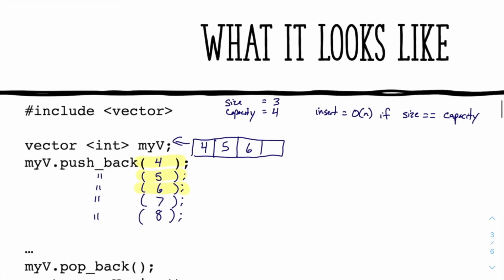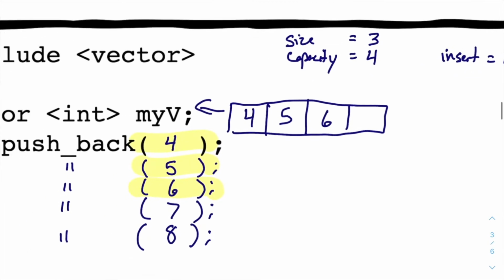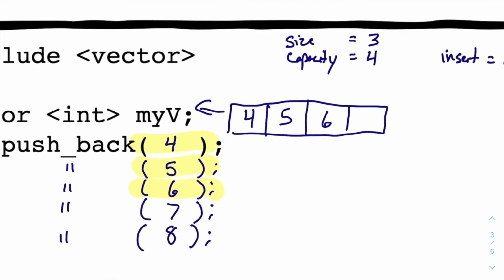Otherwise, it's an O of 1 insert. So for this next insert, I can insert the 7 utilizing the pushback because there's an available position. Input the 7. That was an O of 1 operation.